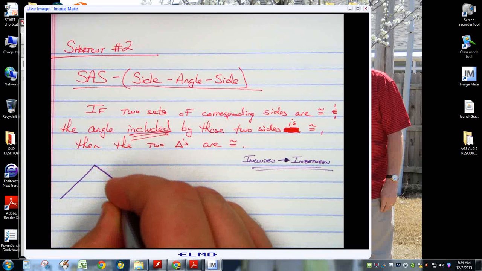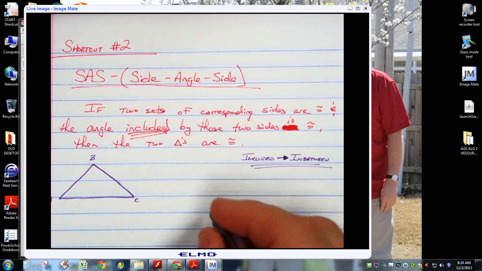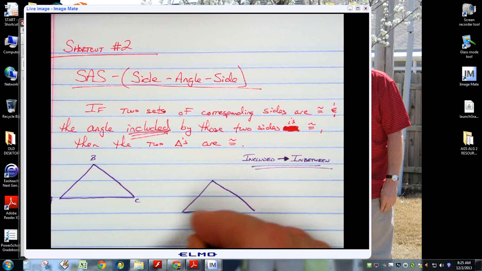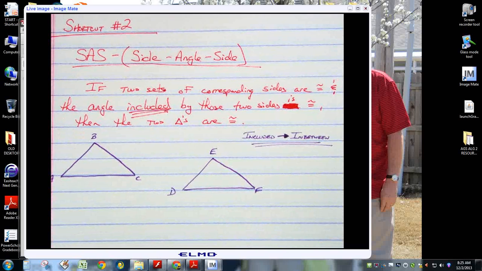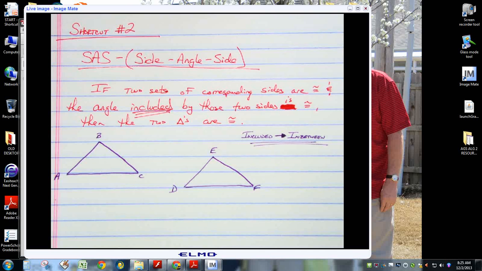We'll draw yourself two triangles. Okay, everybody pay attention and don't write.